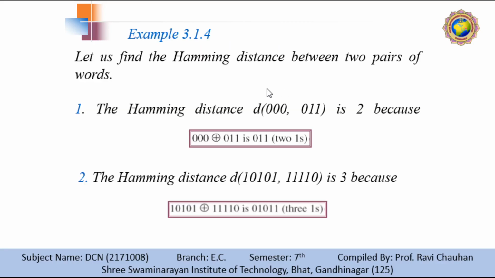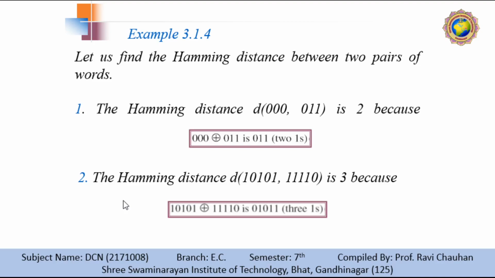Let us find the Hamming distance between two pairs of words. The Hamming distance d(000, 011) is 2 because the XOR of 000 and 011 is 011. So how many ones? 2. So the distance is 2.